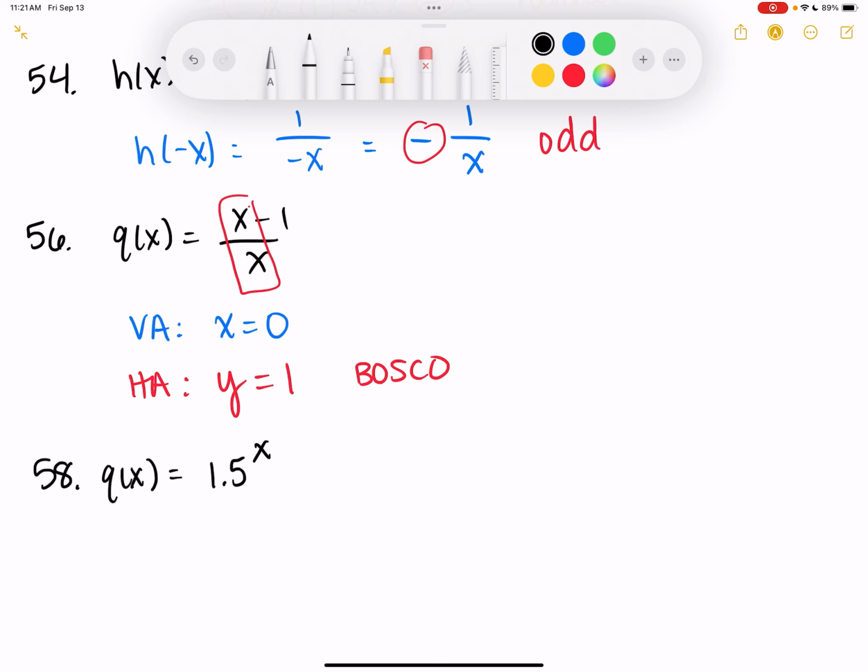Is there a denominator? No. So there's no issues. So I have no vertical asymptote, so I would just write none. Now, as far as the horizontal asymptotes on this one we can't really use Bobo, Bosco, Botno because, again, it's not something where there's like a top and bottom. But I can look at a rough sketch of this graph.